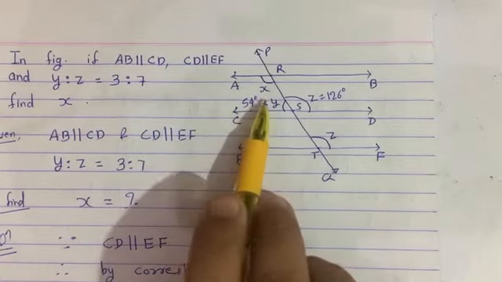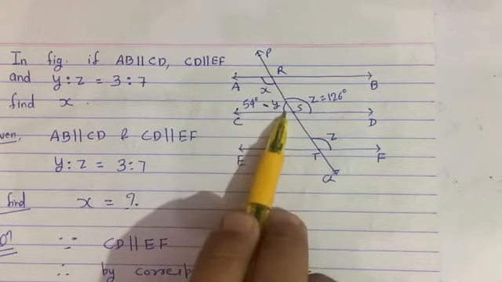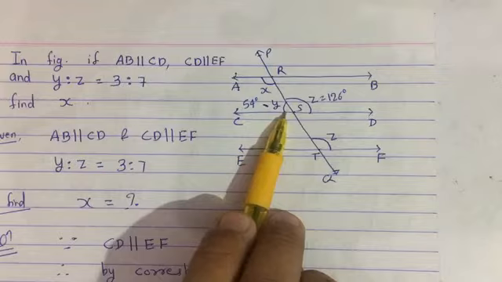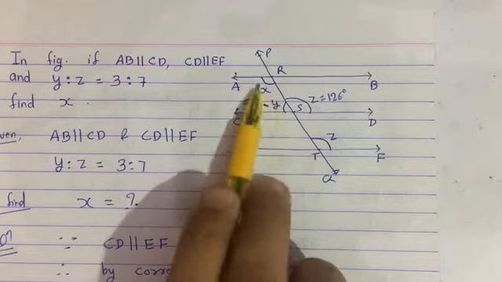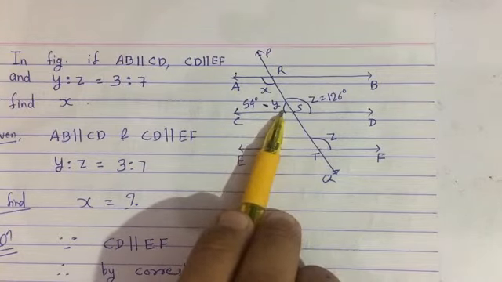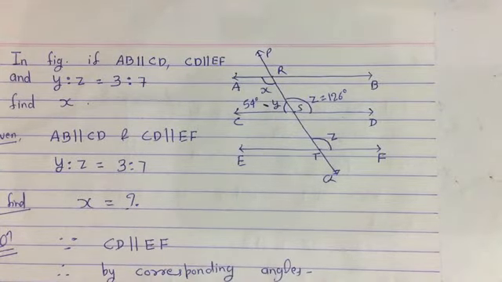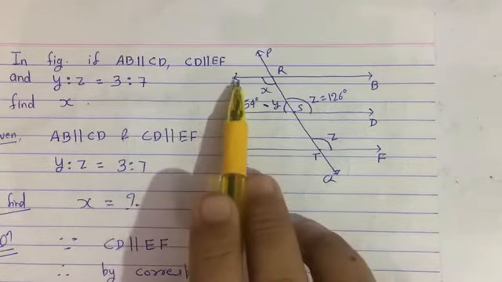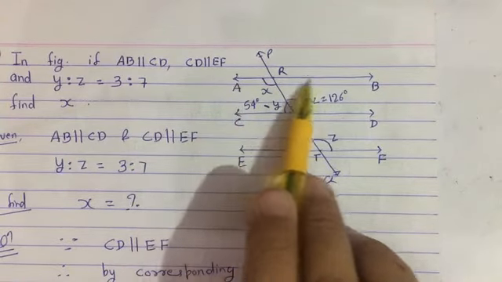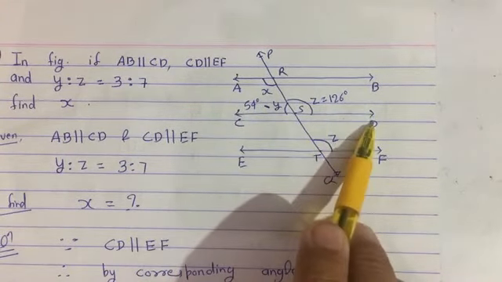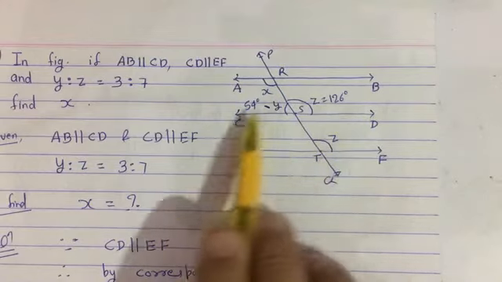Okay, this X and Y, you know these angles are which type of angle? I think you know it very well. These angles are co-interior angles, and it is given very properly that AB is parallel to CD. This line AB is parallel to CD.